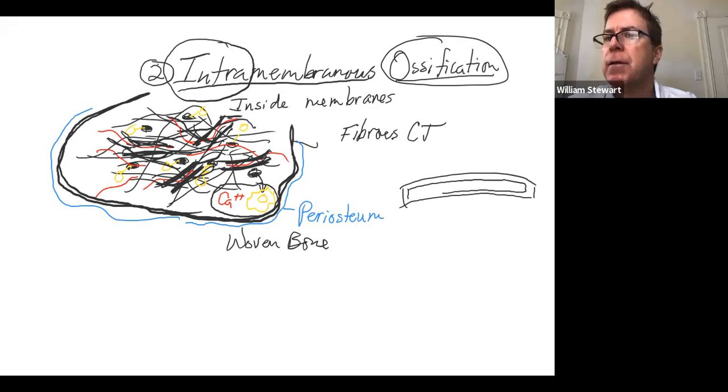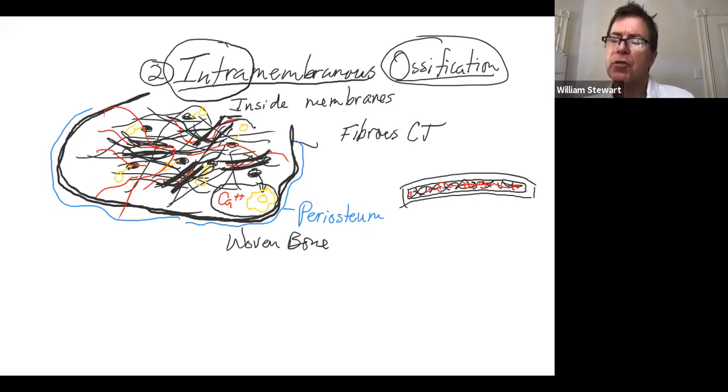This is the ultimate result. And spongy bone in here. And these blood vessels here remain interspersed in the spongy bone area. Red marrow ultimately appears in that cavity.